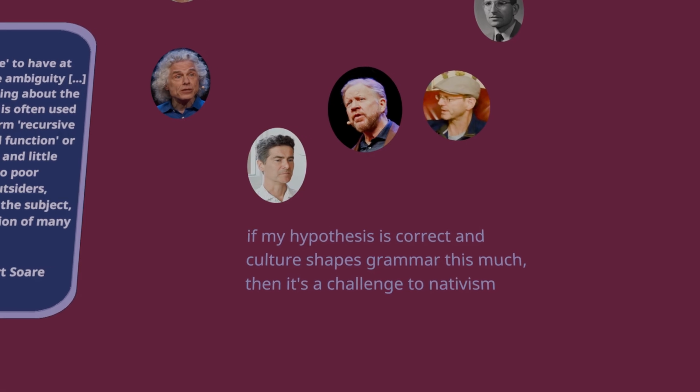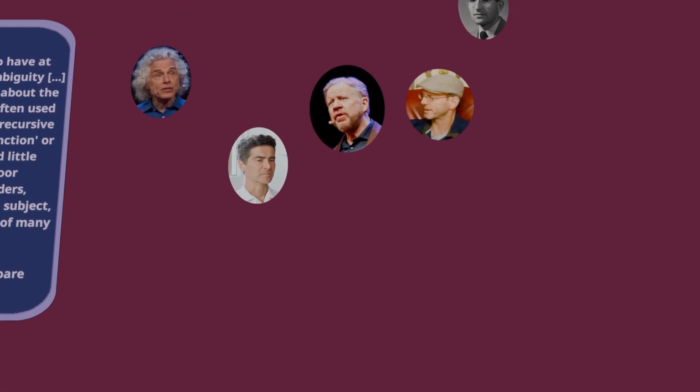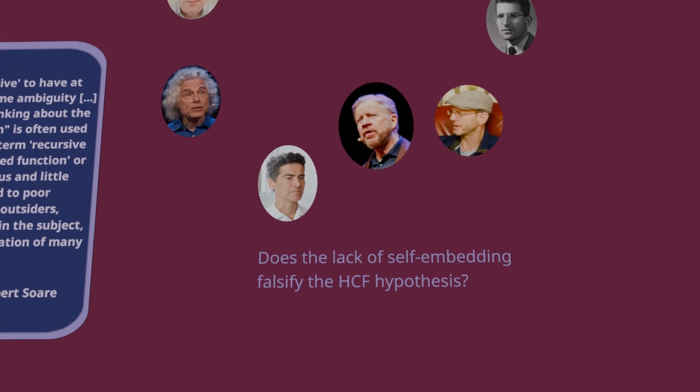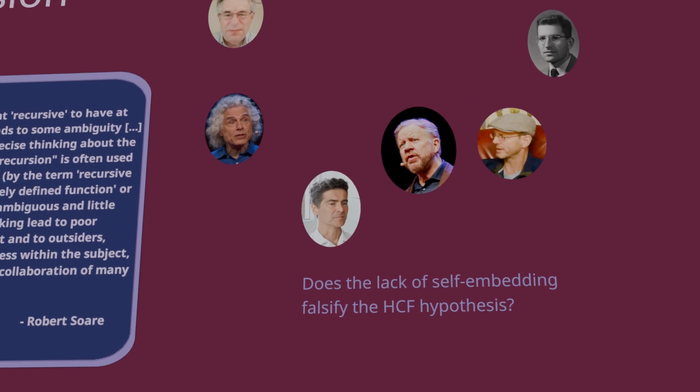But that argument was quickly forgotten, as Everett's work was subsumed in the broader debate over the HCF paper. The question became, does the lack of self-embedding in Pirahã falsify the HCF hypothesis, namely the hypothesis that recursion is the only thing in the FLN?